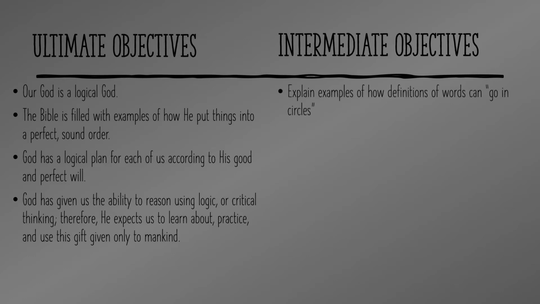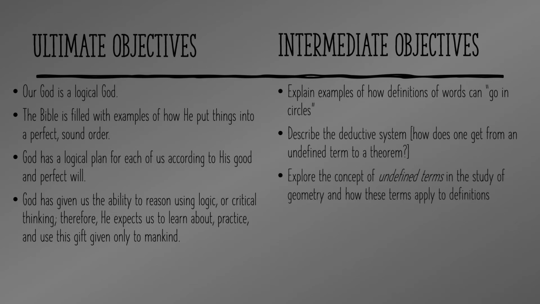Now, our objectives just for this lesson include explaining examples of how definitions of words can go in circles, and describing the deductive system. We're also going to explore this concept of something called undefined terms in the study of geometry and how these terms apply to definitions.